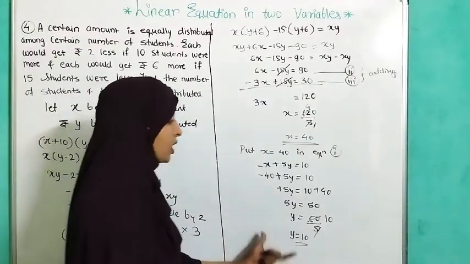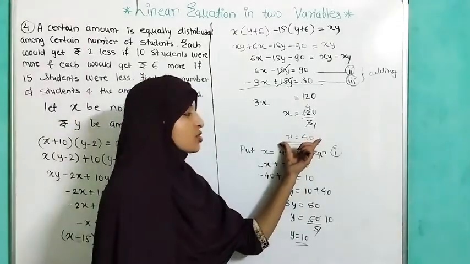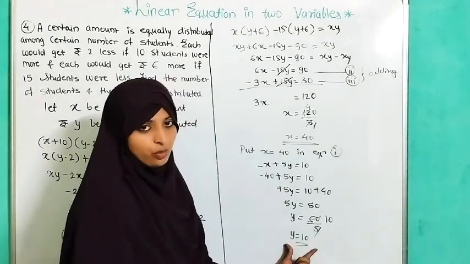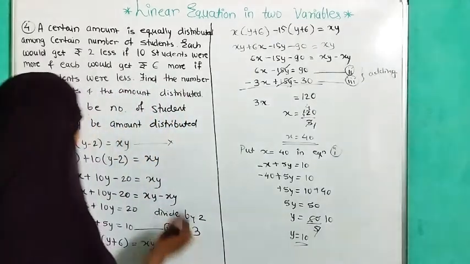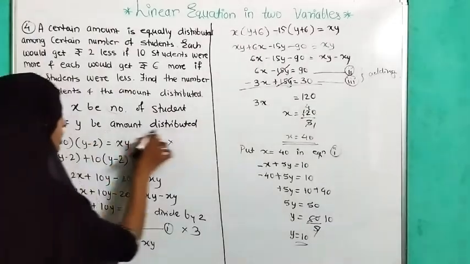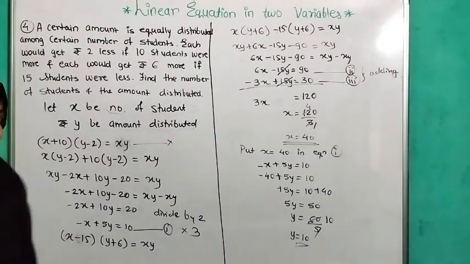So the total number of students was 40 and each student gets 10 rupees. They have asked us to find the number of total students and the total amount distributed to them.